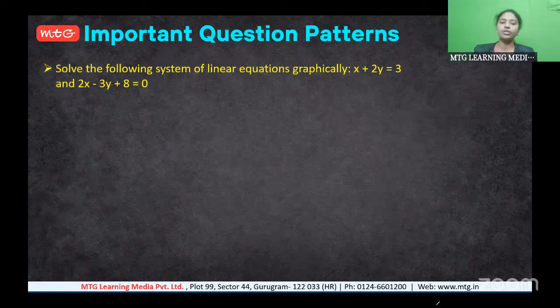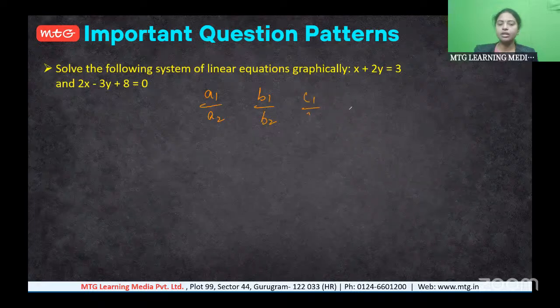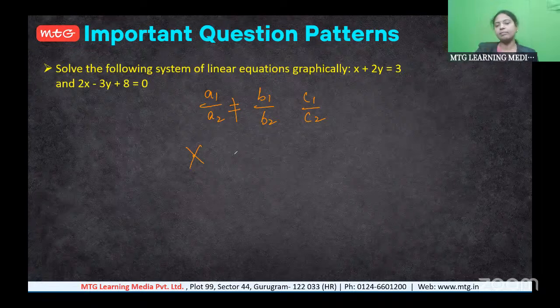How? I've given you just now the shortcut: A1 by A2, B1 by B2, and C1 by C2. If A1 by A2 and B1 by B2 are not equal, definitely they will be intersecting lines. If A1 by A2, B1 by B2 are same, but not same as C1 by C2, they will become parallel lines. Now let's check in this case what is going to happen.